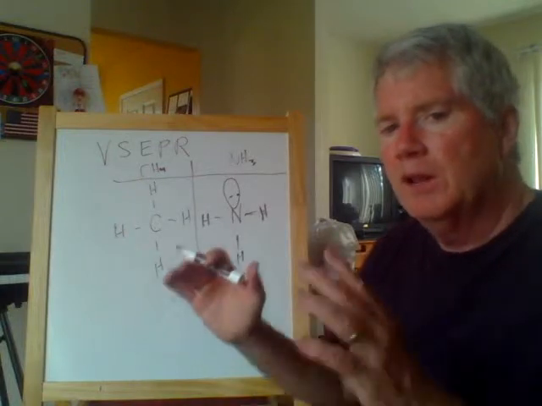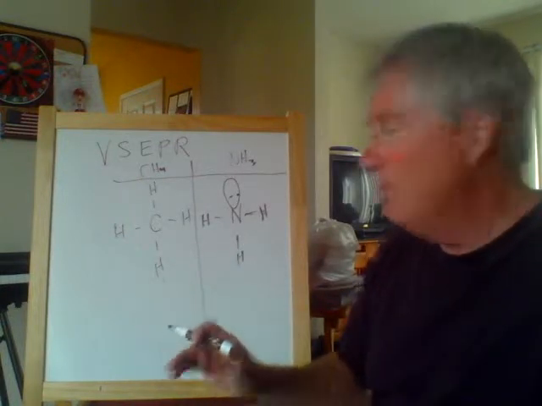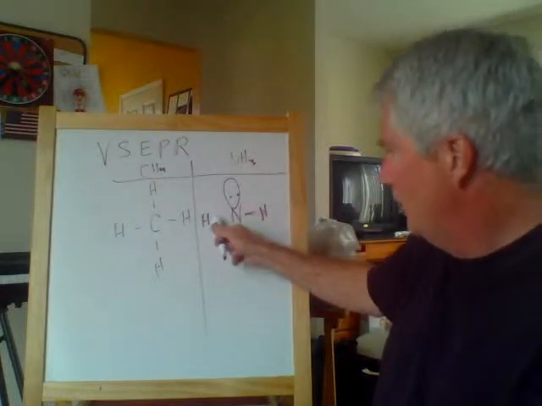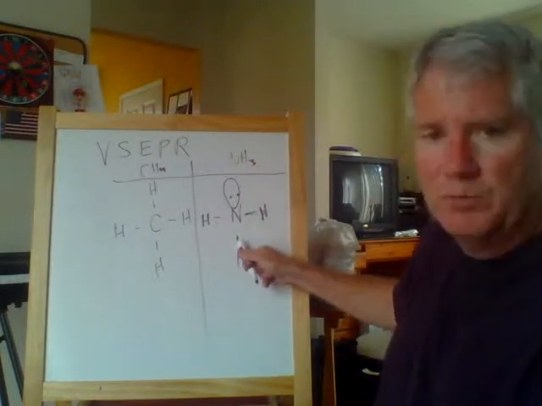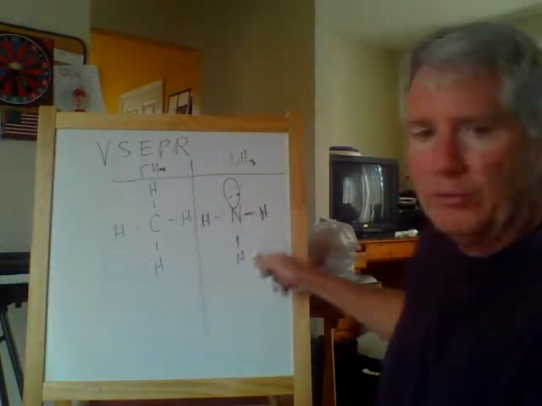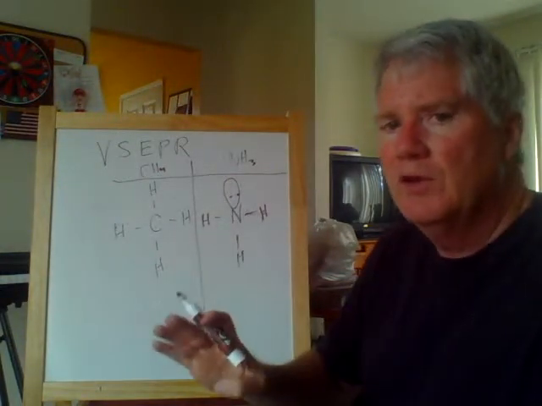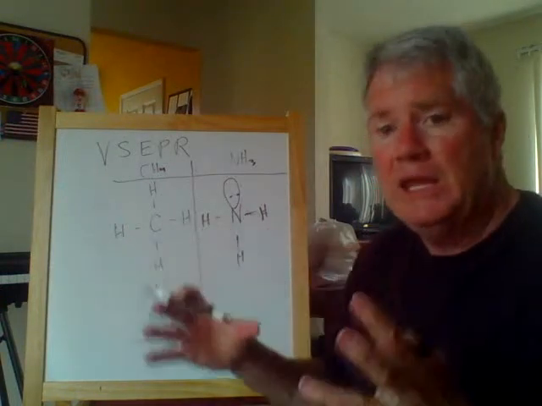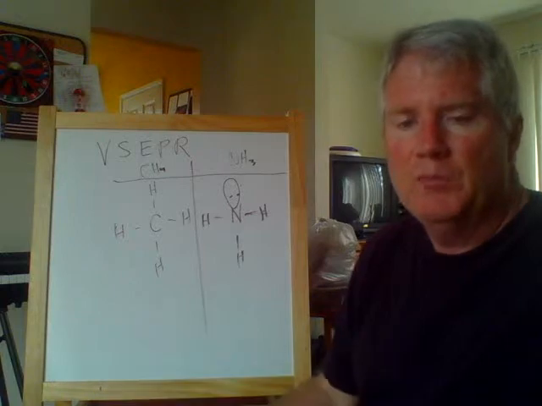And so from an electron pair repulsion standpoint, this pair of electrons is repelling this pair, this pair, and this pair. So even in this case where we have ammonia, we have 3 atoms, there still are 4 pairs of electrons that are repelling each other in this molecule.